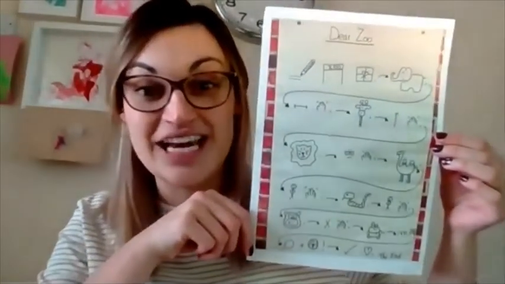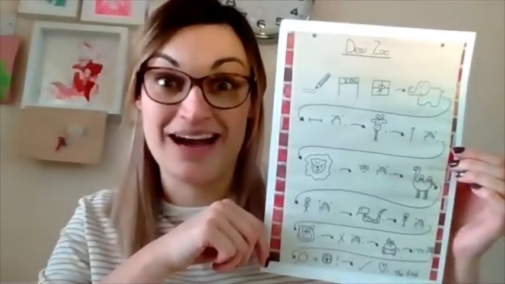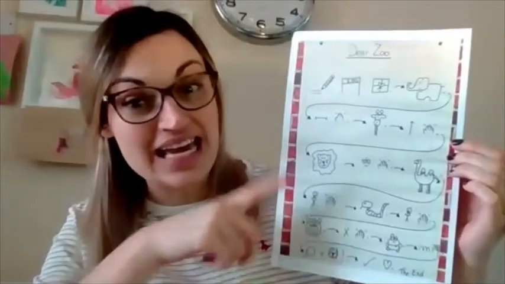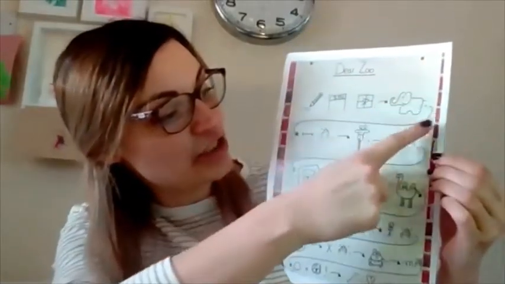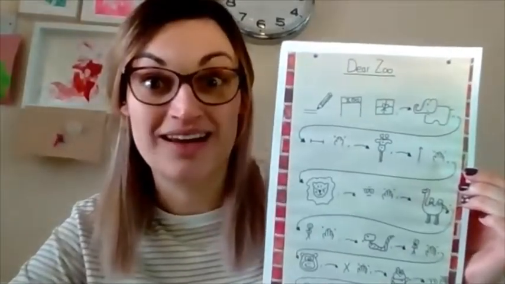And we're going to have a look today at learning the first part of our map. So hopefully in your packs you will find the Dear Zoo map. And you can see already it's much simpler than our Lost and Found map, isn't it? So we're going to have a go today at learning up to here, to the first two lines.